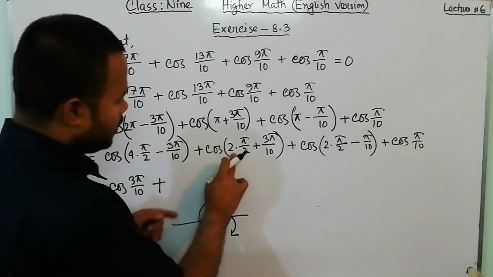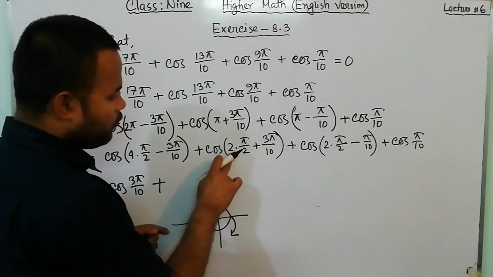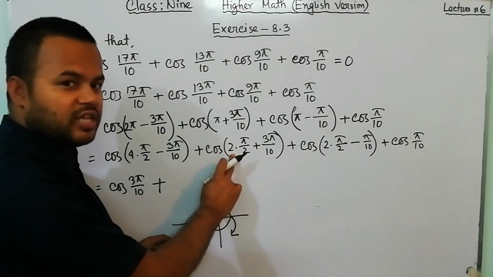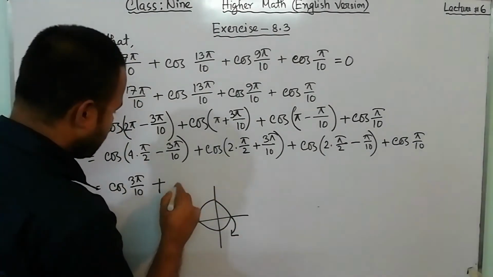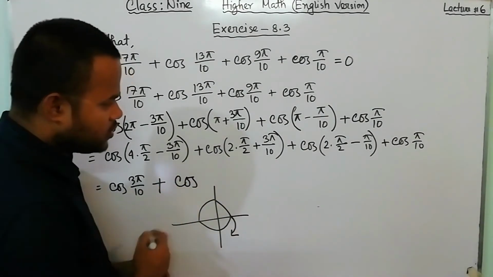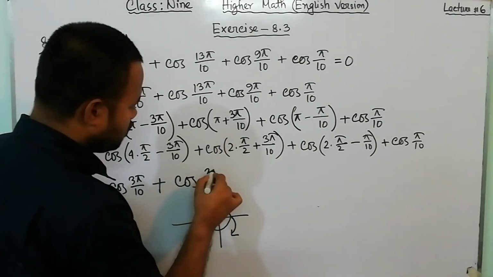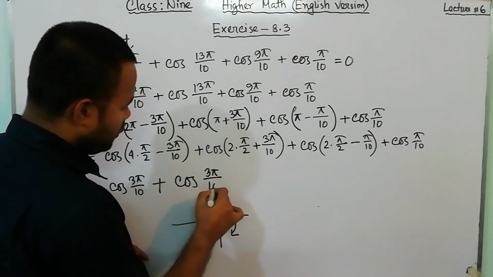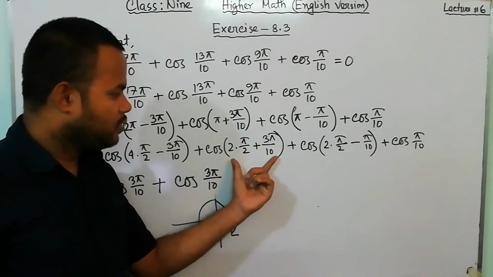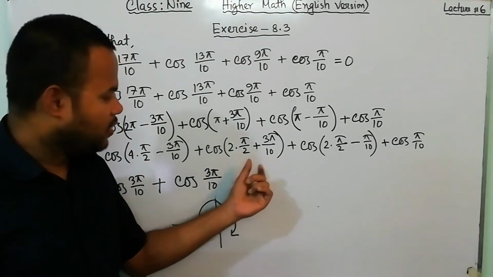Plus, for this one, 2 is even, the ratio will not change, cos will remain cos. Now you have to put theta, that is 3π/10. Now we have to determine the quadrant for this angle.